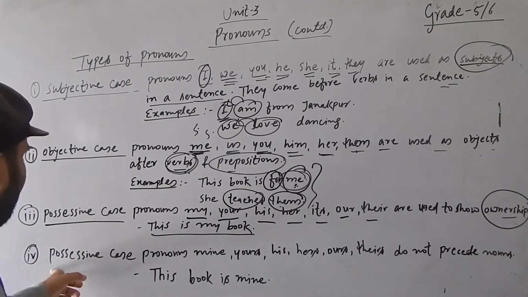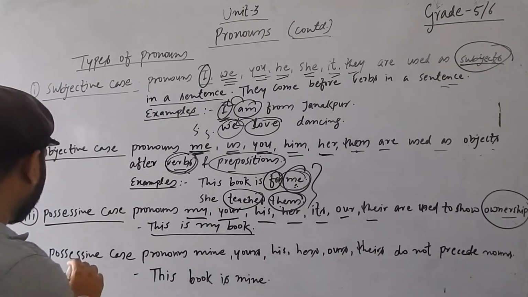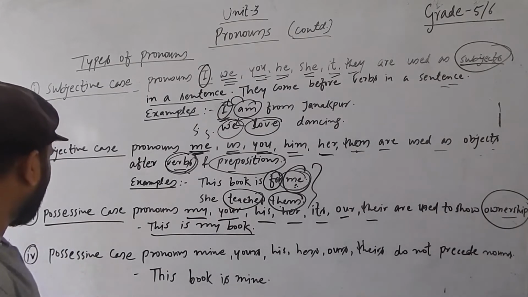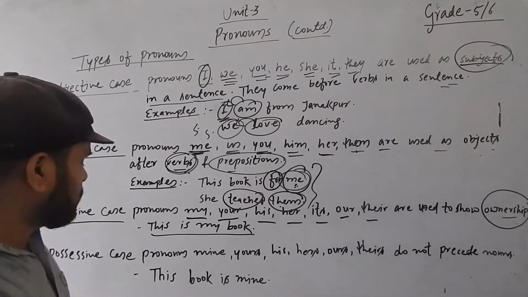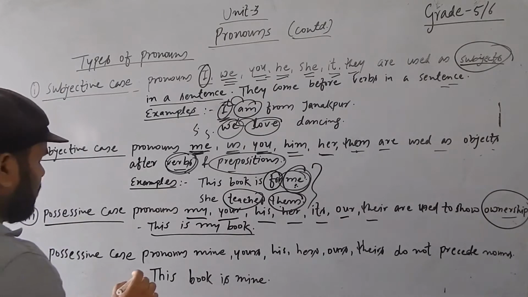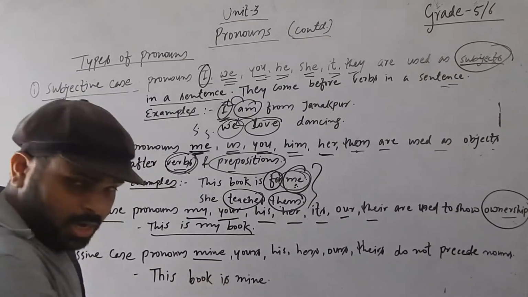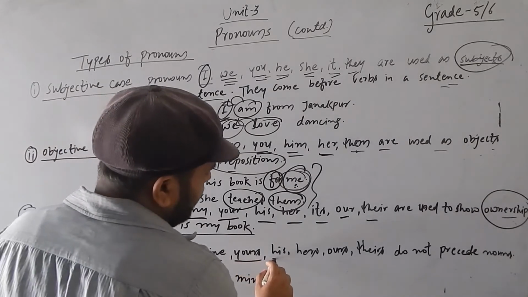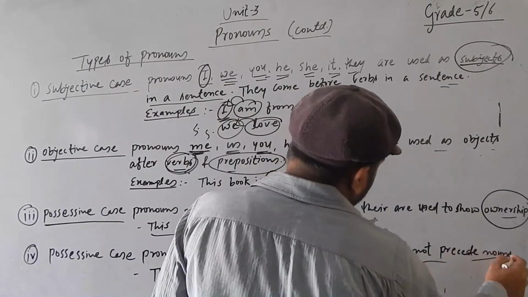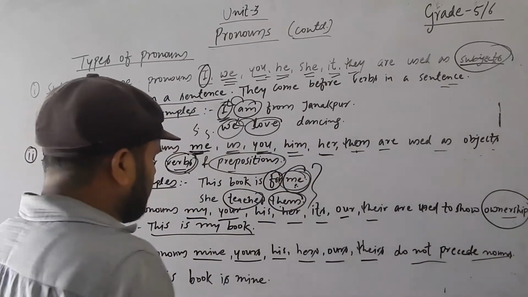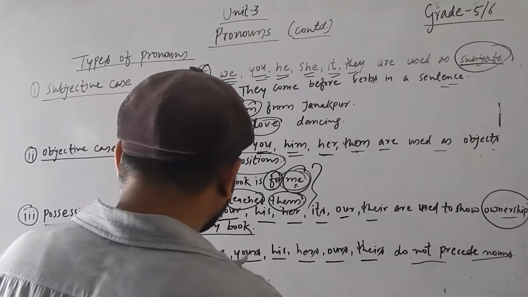Next possessive, there is a difference. I told you yesterday that if you are sure, if you are concrete about the things, you must focus and use some different forms. Possessive case pronouns mine, yours, his, hers, ours, theirs do not precede nouns. Example, this book is mine.